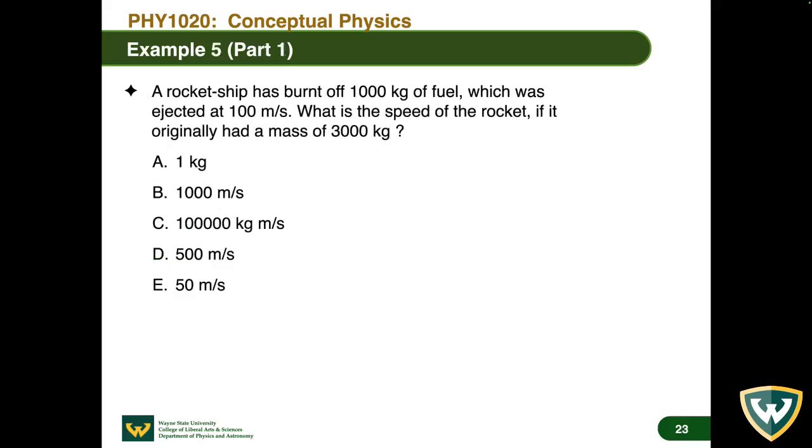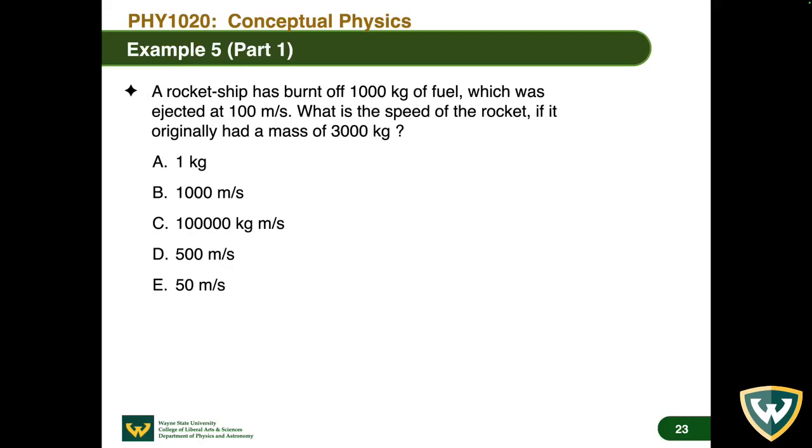Let's consider another example, that of a rocket ship burning off 1,000 kilogram of fuel that was ejected at 100 meters per second. What is the speed of the rocket if it originally had a mass of 3,000 kilogram? Go back to what we did a moment ago to figure out this problem.